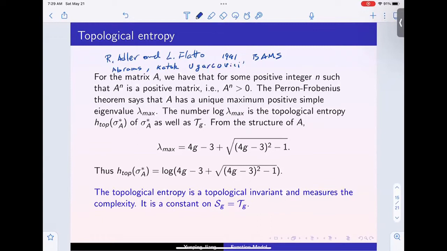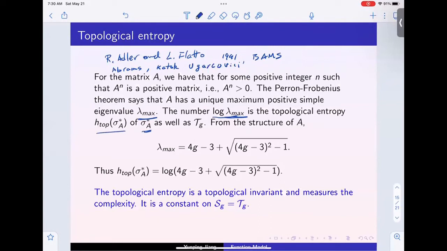Then the Perron-Frobenius theorem tells us that A has a unique maximal positive simple eigenvalue, called lambda maximal. Then the log of this lambda maximal is the so-called topological entropy of this shift map.